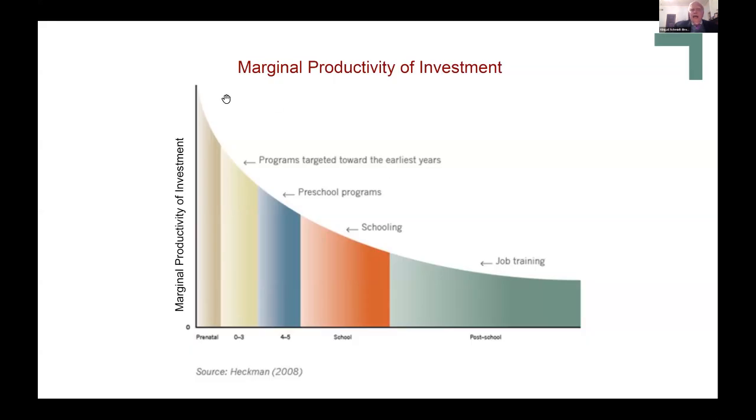And so this graph is giving you the marginal productivity of the first investment in a child. If you build the skill base, you make it more likely that the child will benefit all the way along. So it's not to say that investing later is bad. It's saying that the first investment should be here.